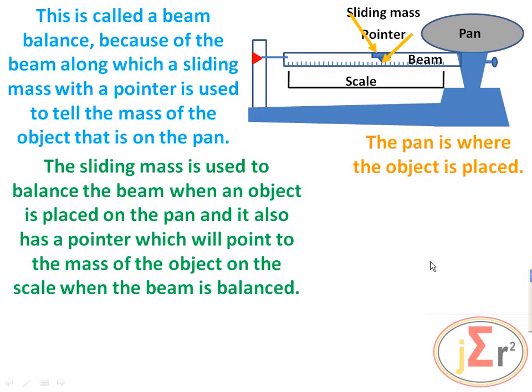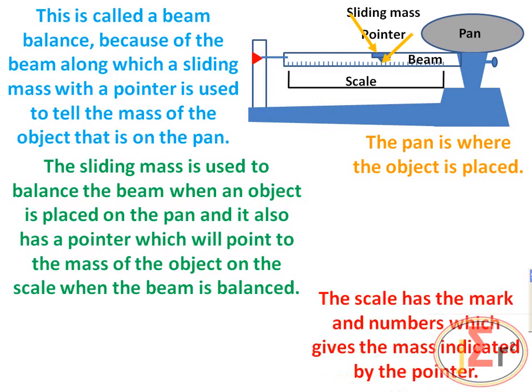So the sliding mass has two purposes. The sliding mass is used to balance the beam. And when the beam is balanced, we use the pointer on the sliding mass to determine where we are on the scale, and hence the mass of the object that is on the pan.